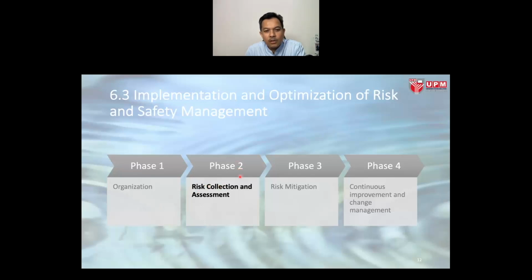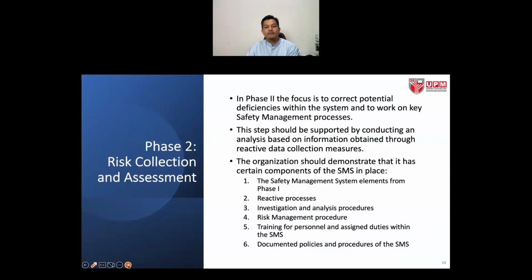Let us go into phase 2 with regards to the risk collection and assessment. Right. In phase number 2, risk collection and assessment, the focus is to correct potential deficiencies within the system and to work on key safety management processes.